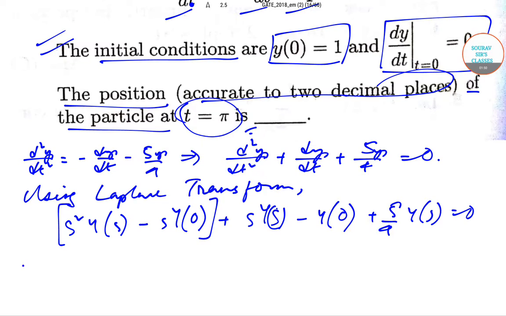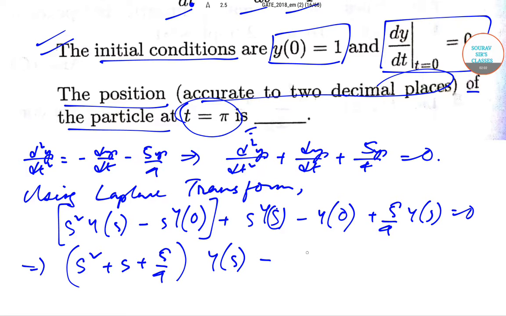And if we simplify it further, if we take Y common, then this will give us (s² + s + 5/4) into Y(s), and if we take y(0) common, then this will give us minus of (s + 1) into y(0) is equal to 0. Now we know that y(0) is equal to 1.